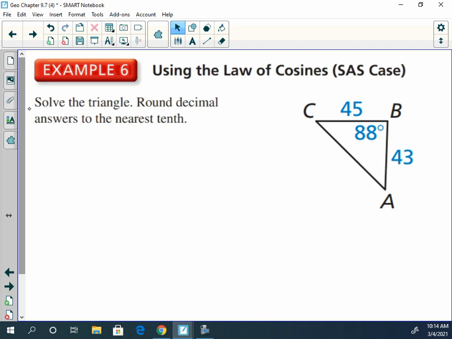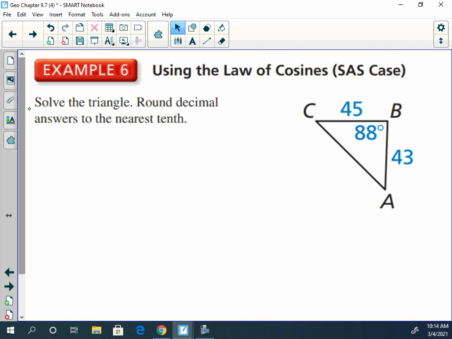I know you weren't wondering this, but let's just say you were. There is such a thing called law of tangents. But anything that you can solve with law of tangents, you can actually solve with law of cosines. It doesn't make a really big difference.